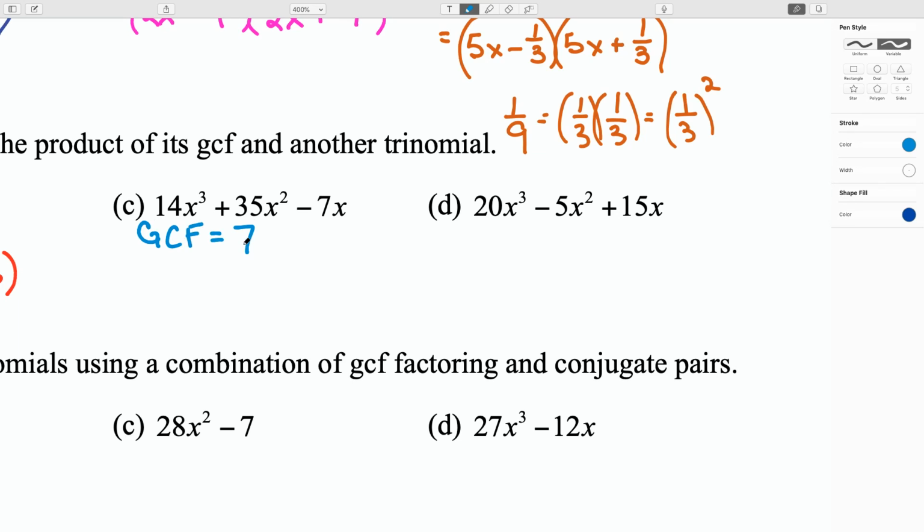Right? No, I forgot about the x's. This one's different. Every term has at least one x factor. So our GCF is not only 7, it's 7x, because 7x can go into 14x cubed, it can go into 35x squared, and it can go into minus 7x.